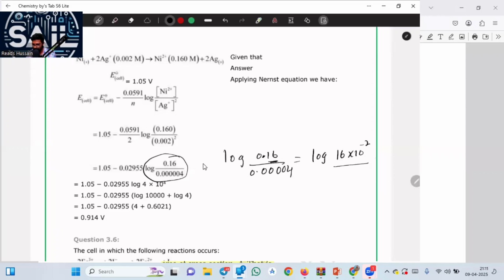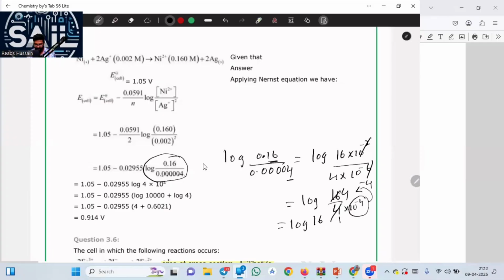And here 4 into, how many digits are there? 1, 2, 3, 4, 5, 6, so 10 raised to minus 6. 10 raised to minus 2 gets cancelled, so 10 raised to minus 4 will be there. Then it becomes log 16 by 4 into 10 raised to minus 4. If you take this 10 raised to minus 4 to the numerator, it becomes 10 raised to plus 4.